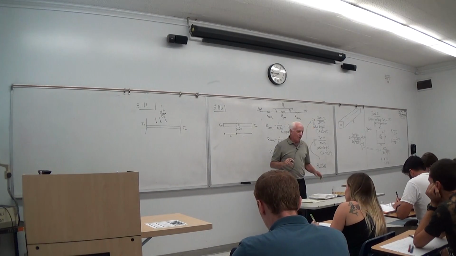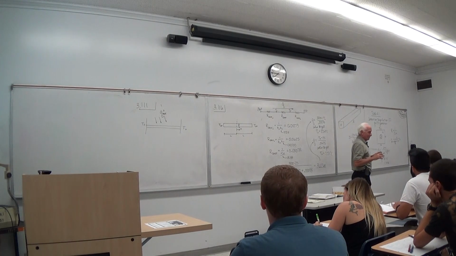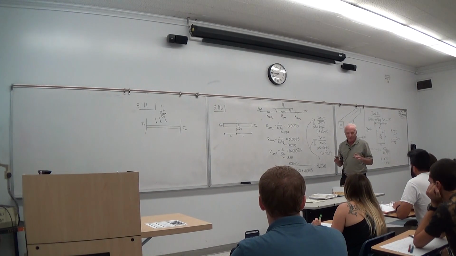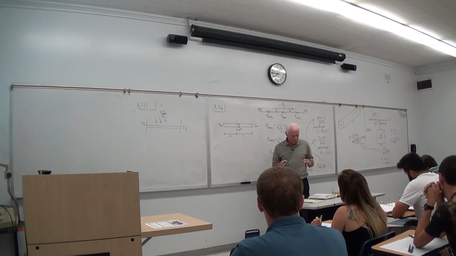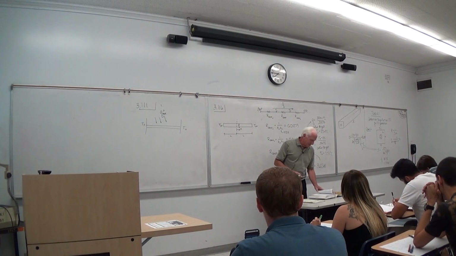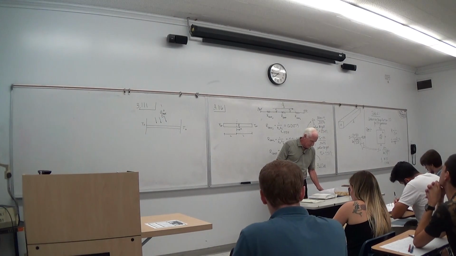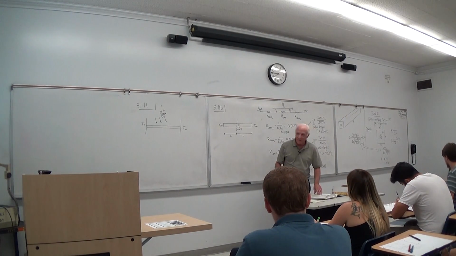Now, all I want you to do in those problems is to derive the correct differential equation with the correct boundary conditions. That's all. To do that, you go back and start on equation 3.61.